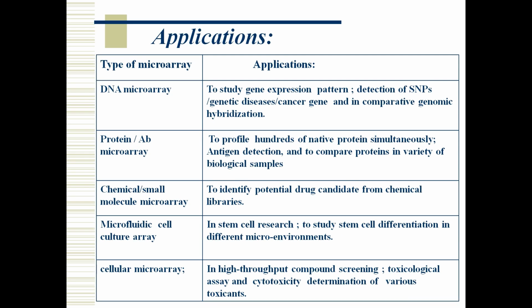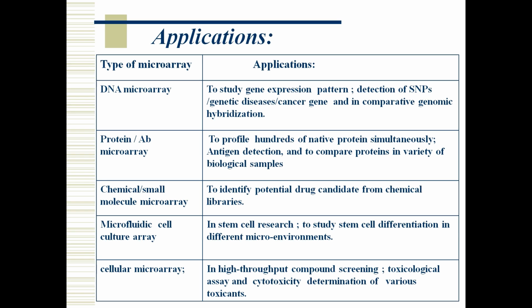And the applications of these arrays are: DNA microarrays are applied to study gene expression patterns, detection of SNPs, genetic diseases, cancer genes, and comparative genomic hybridization. The protein antibody microarray is used to profile hundreds of native proteins simultaneously, and can also be used for antigen detection and to compare proteins in a variety of biological samples.